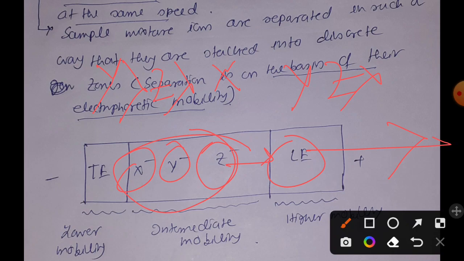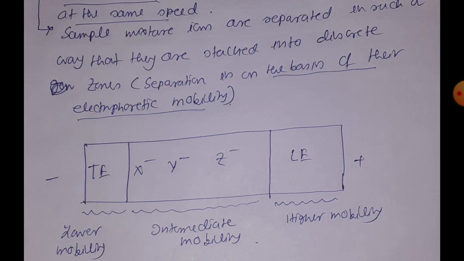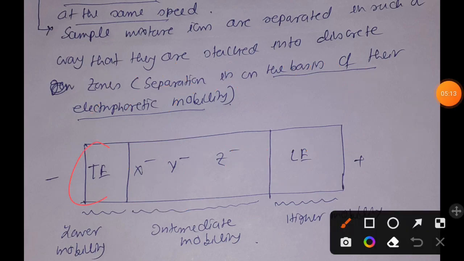That is how electrophoretic mobility separates molecules into discrete zones on the basis of their differences in electrophoretic mobility. After that the trailing electrolyte will follow the sample ions.